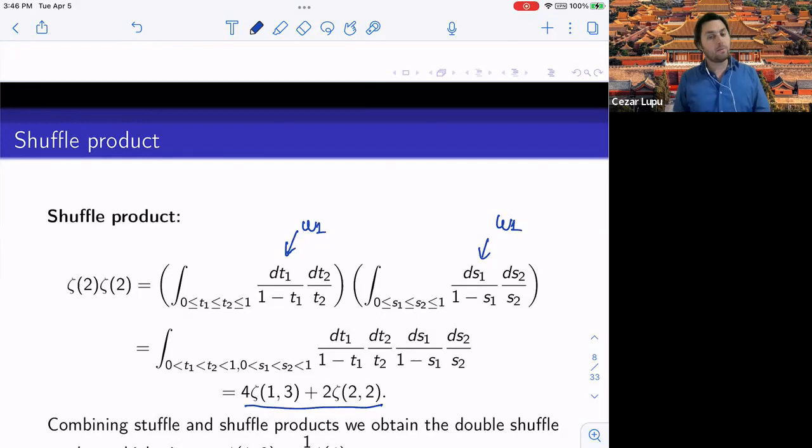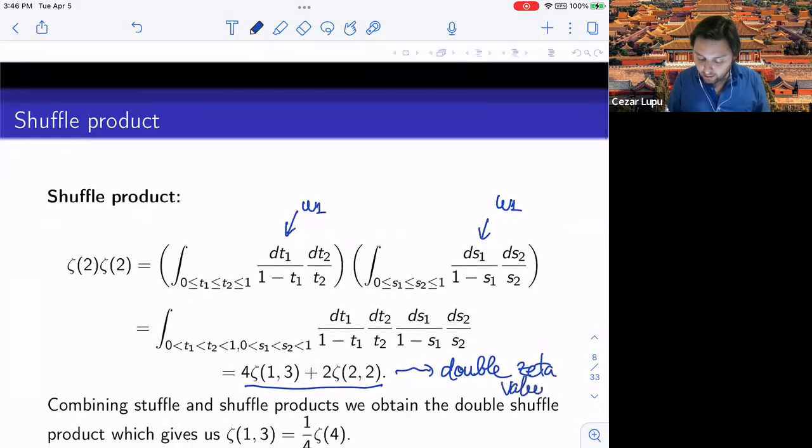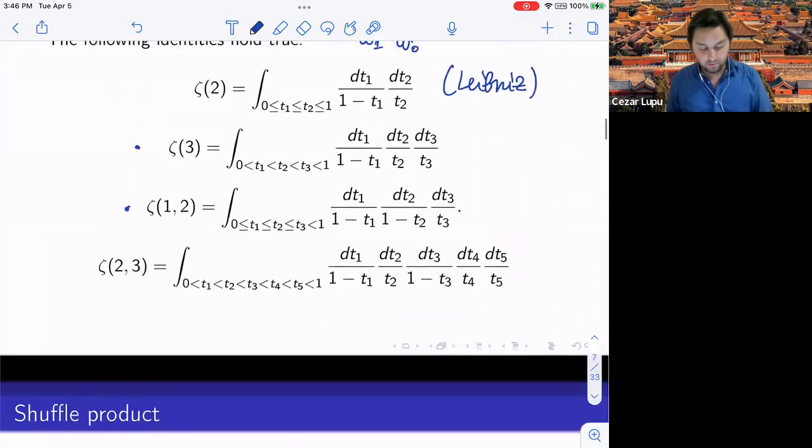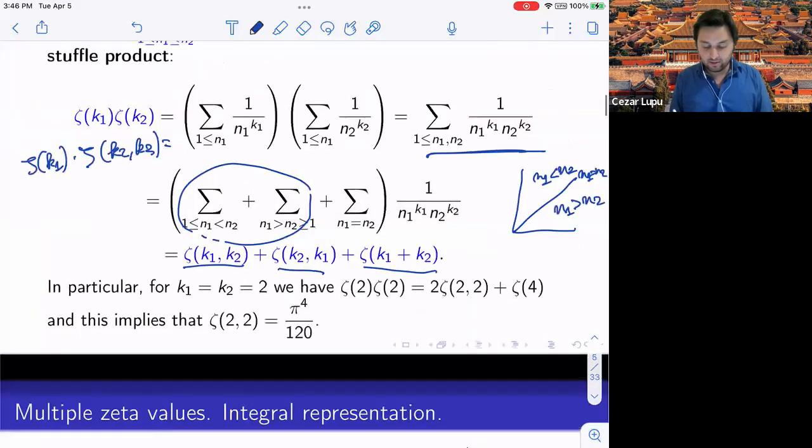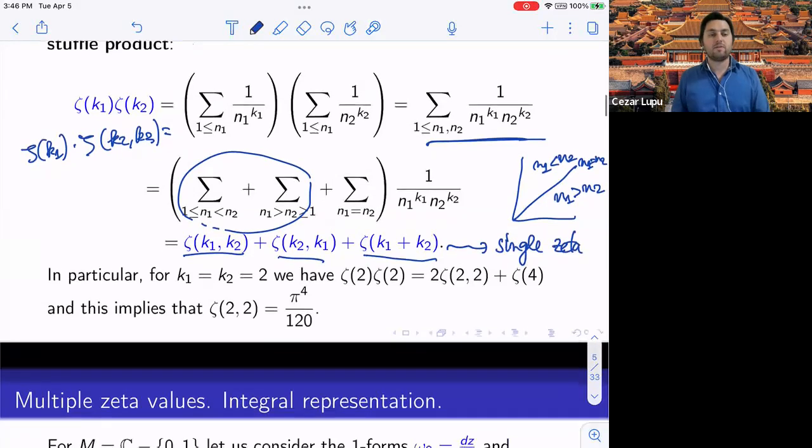As you can see, the main difference between the stuffle and the shuffle product is that here you have only double zeta values. There is no way you can obtain single zeta values. In the case of the stuffle, if I go back, you see you have a single zeta value here when you multiply two single zeta values.